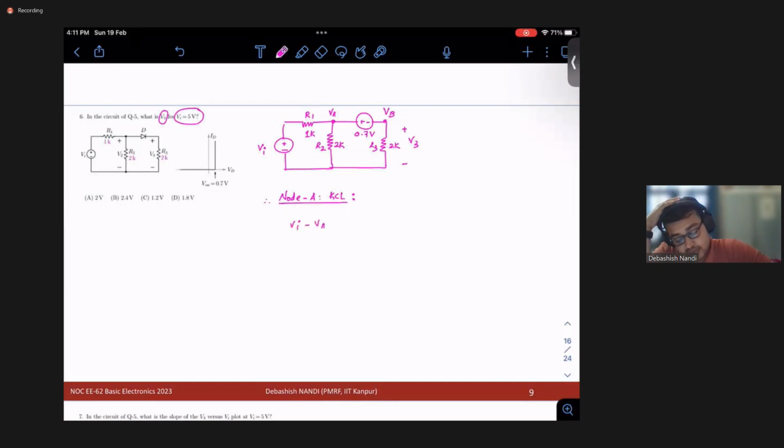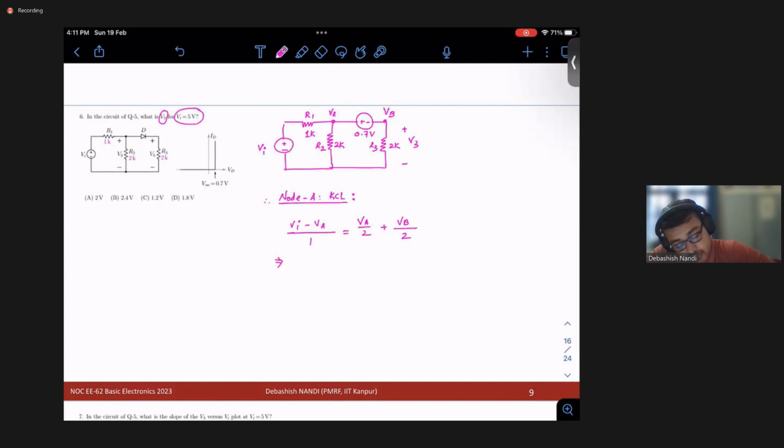Vi minus Va over 1 equals Va over 2 plus Vb by 2.